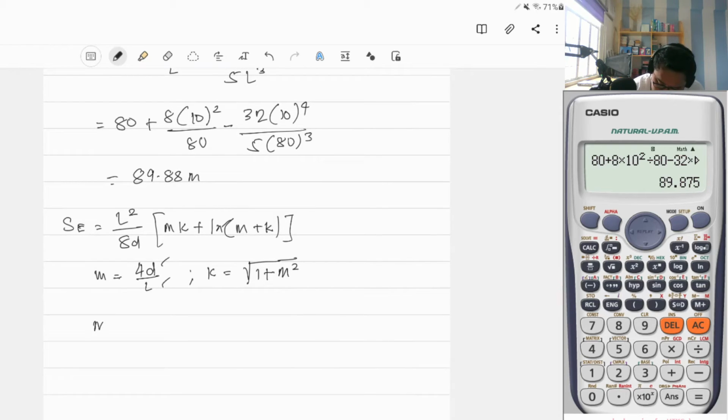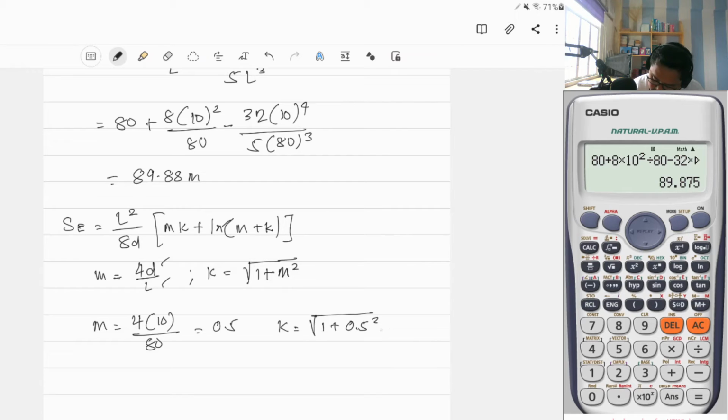We have here, M is equal to 4 times D, where D is the sag, 10, that is given, over 80. So this is 40 over 80, which is 1 half or 0.5. K is the square root of 1 plus 0.5 squared.